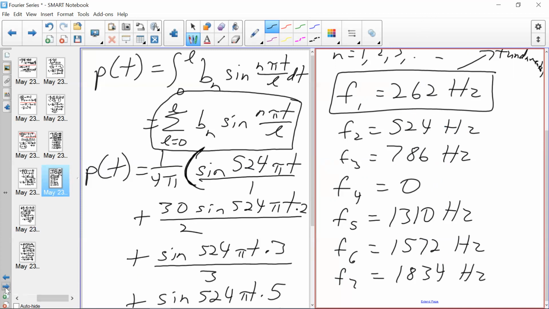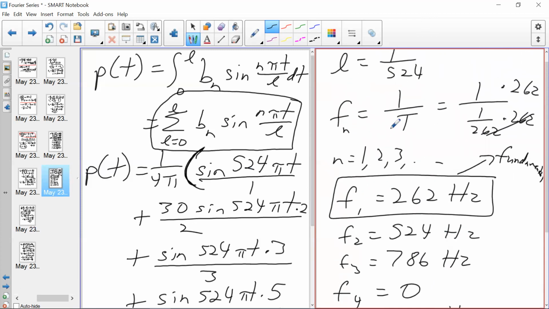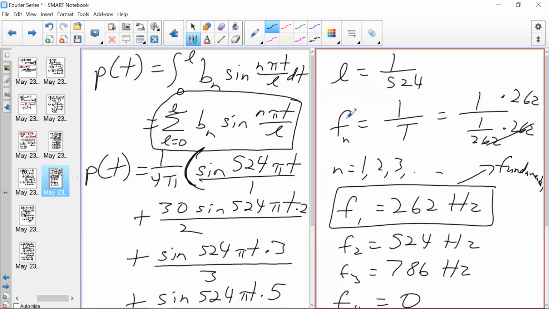Again, how do we get them? Get the frequencies. Frequency is 1 over period. There's the individual frequencies, so it's n. F1, 262, F2, twice the fundamental.